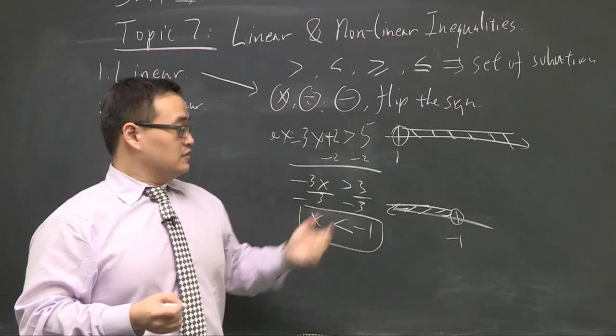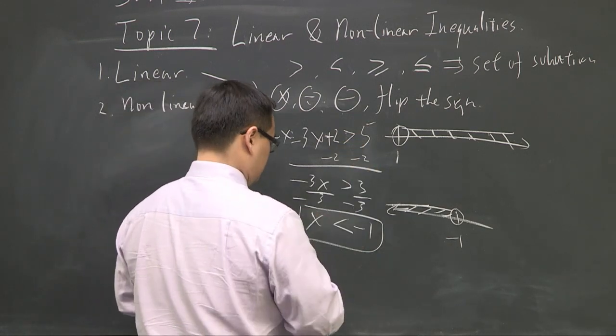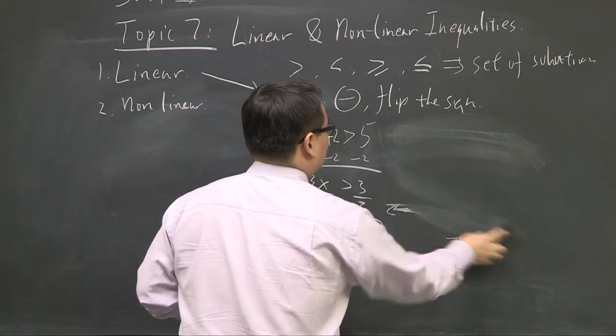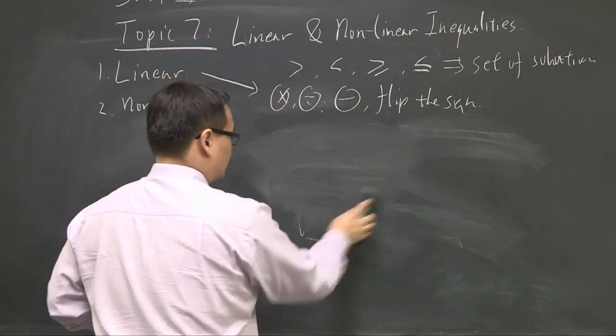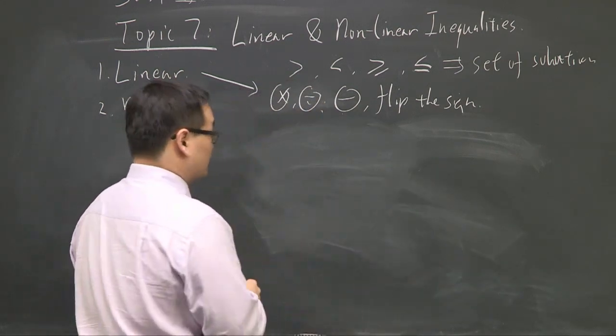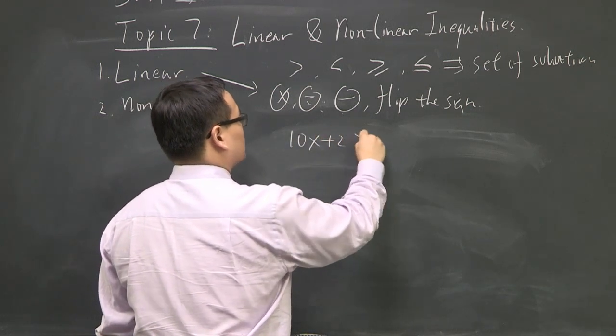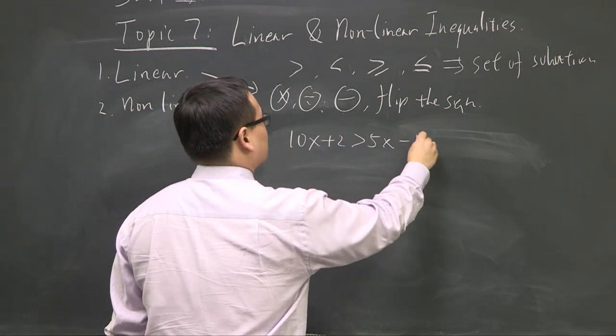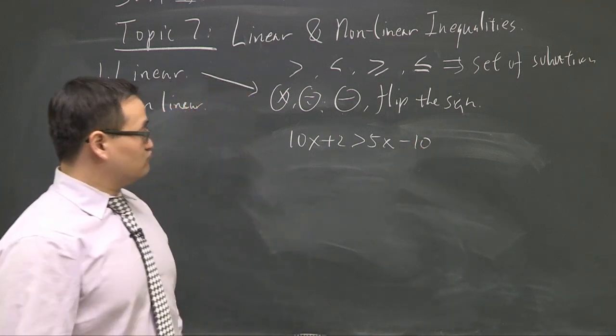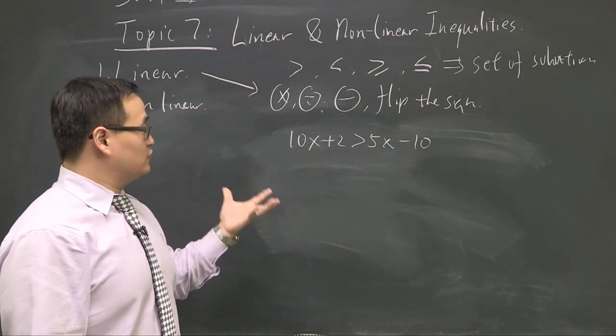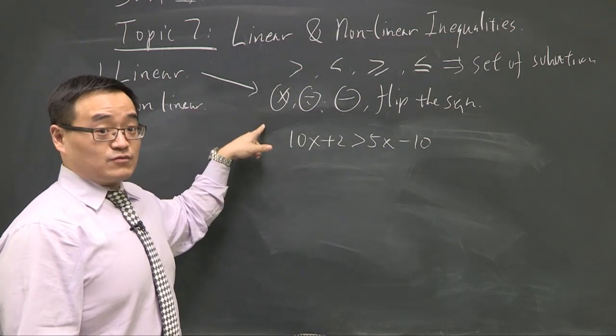It doesn't matter if I have a slightly more complicated expression. As long as it's linear, it doesn't matter. If I have 10x plus 2 is greater than 5x minus 10, what can I do? Do the same thing. You operate exactly the same way, except you've got to remember this rule.